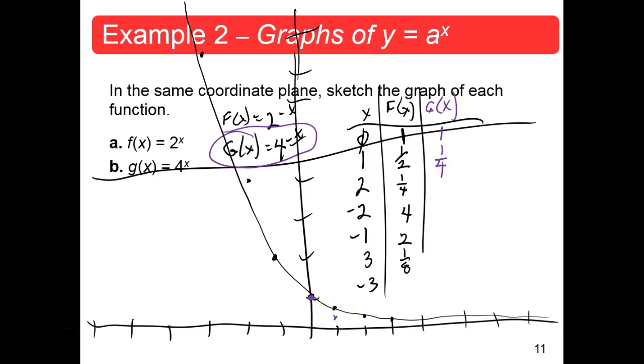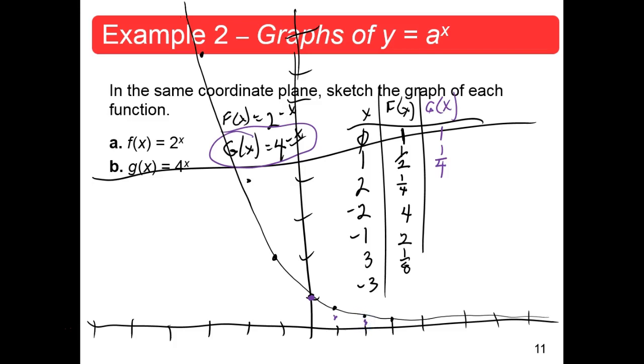When x is 2, 4 to the minus 2 would be 1/4 squared, 1/16. Tiny little number down here. Okay?